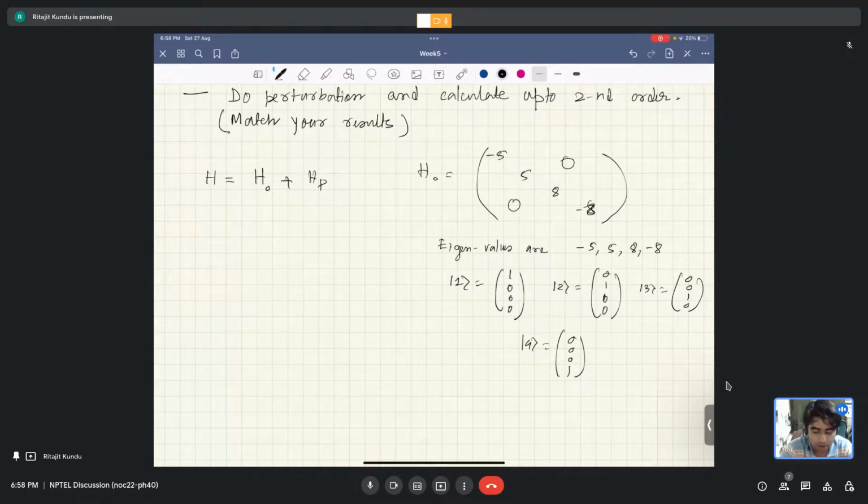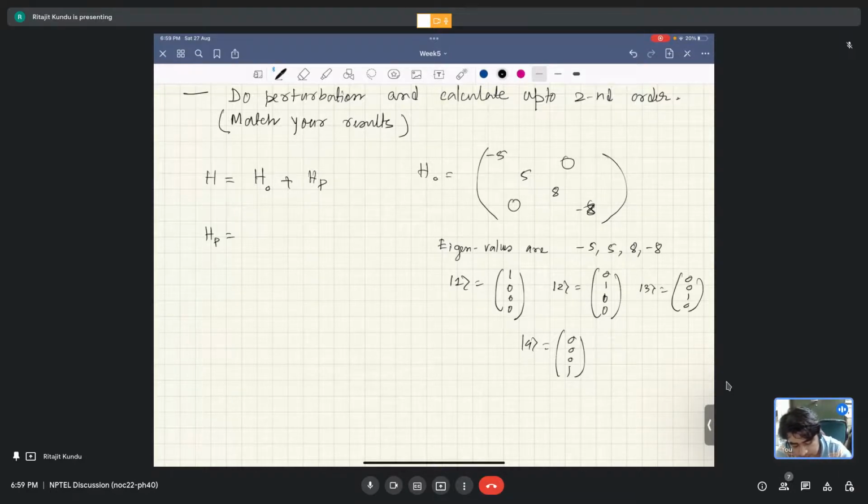This is the whole set of eigenvalues and eigenstates of H naught, which is a diagonal Hamiltonian. Now we have to add this HP and calculate the eigenvalues again, and see what the changed eigenvalues of this system are.